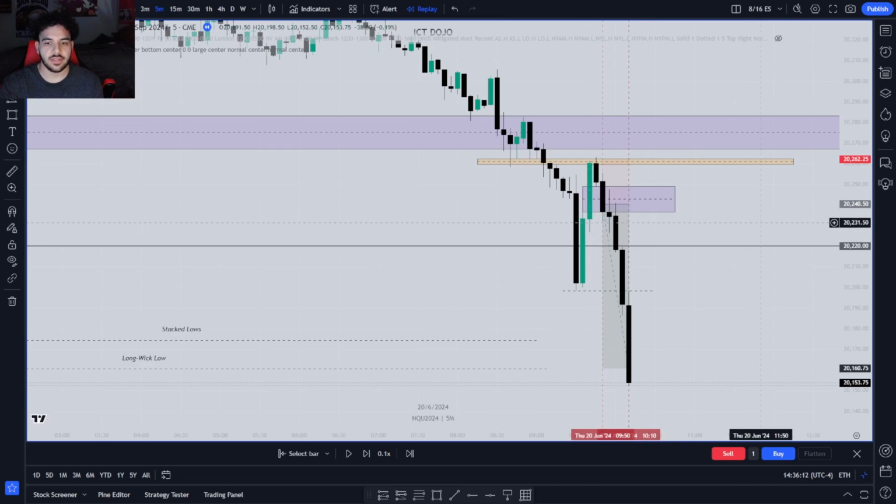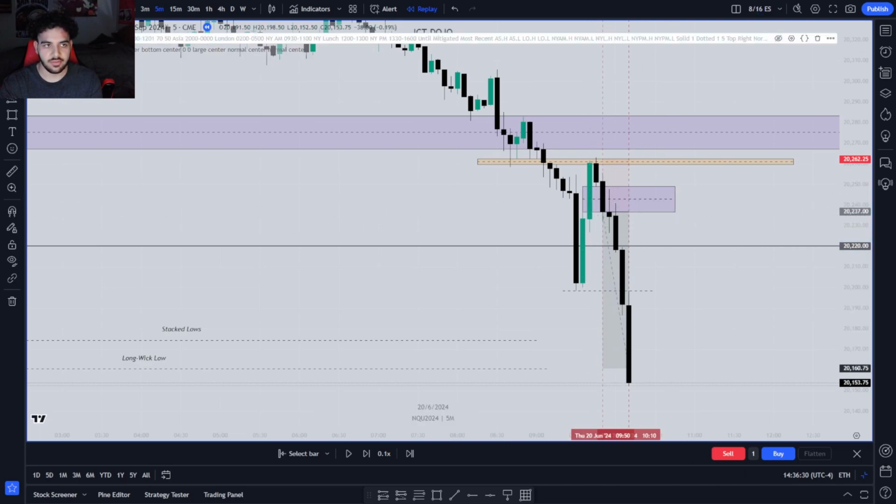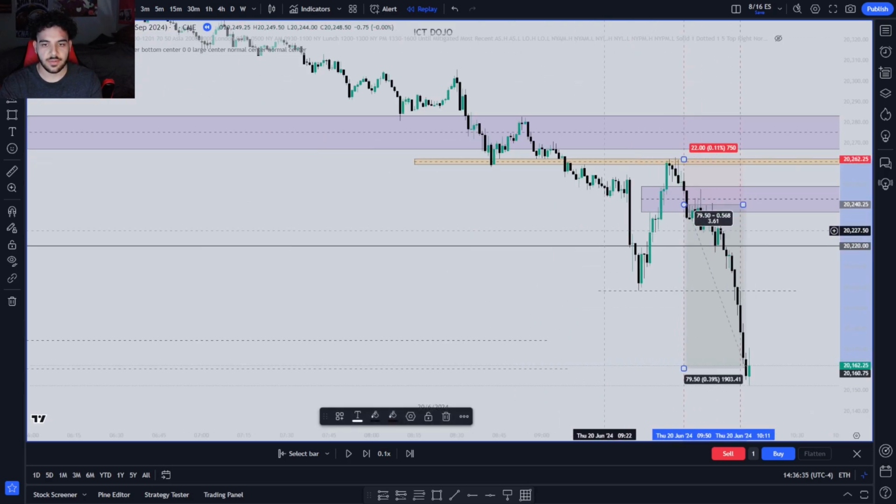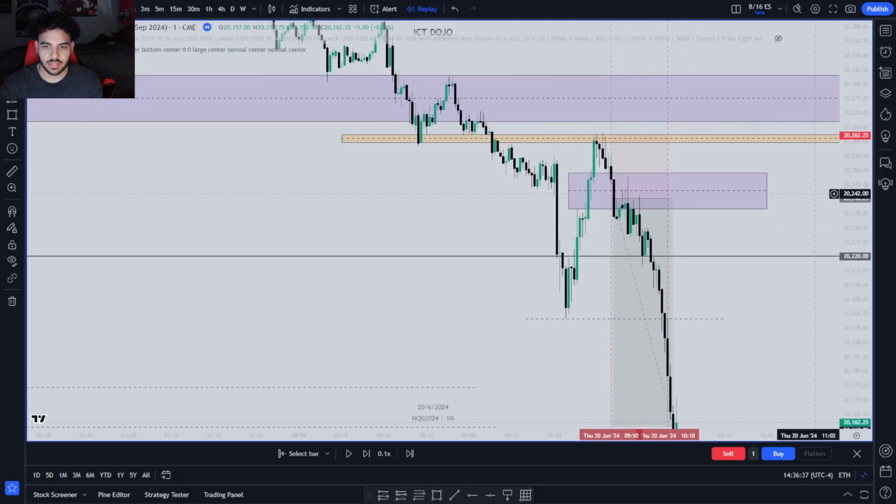And then our final step is just finding our execution, which is honestly the easiest part because we already have all the pieces together. So now we're just looking at, okay, can I find a fair value gap to enter on, or can I find an inversion fair value gap to enter on? And so both were given right here. You have this inversion fair value gap, or you have this normal fair value gap, SIBI.